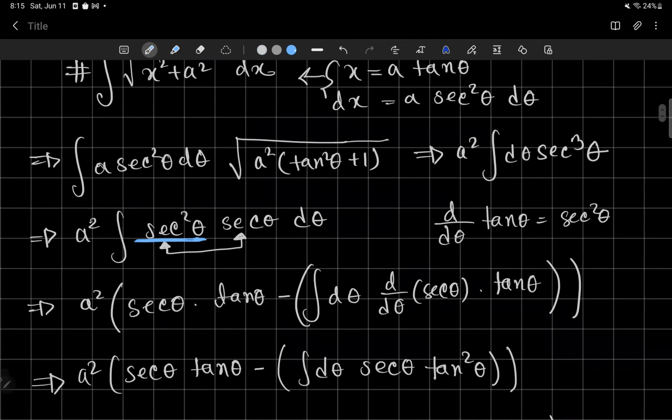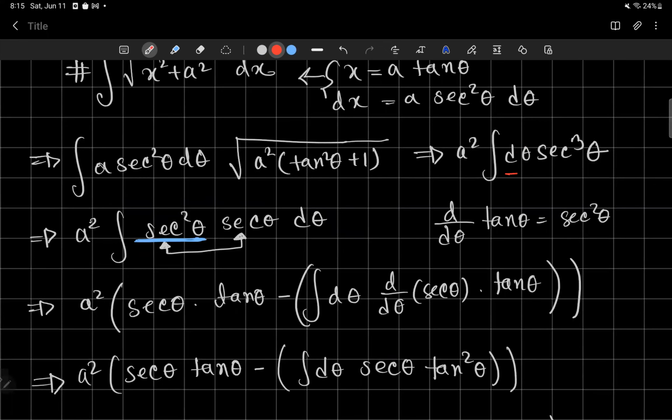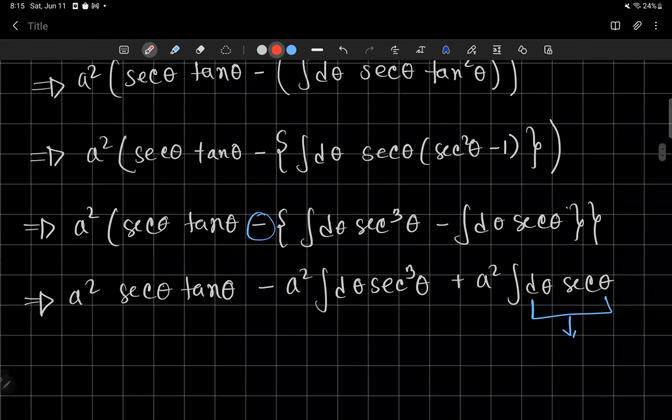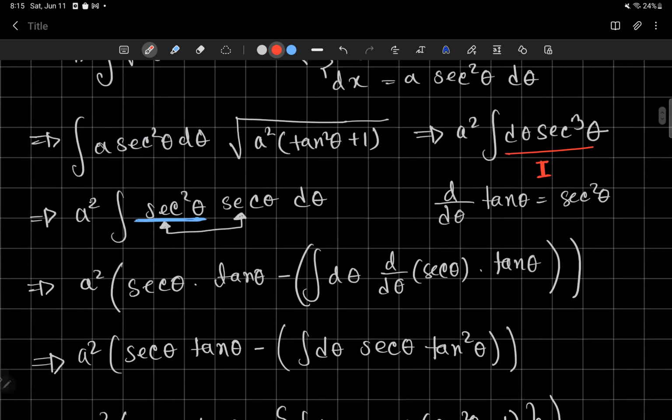Let's call this I for now. This integral, let's call that I. And on the right hand side of these arrows that I've written, you can see that there is another guy sitting that has the same phase of the integral that you started with.